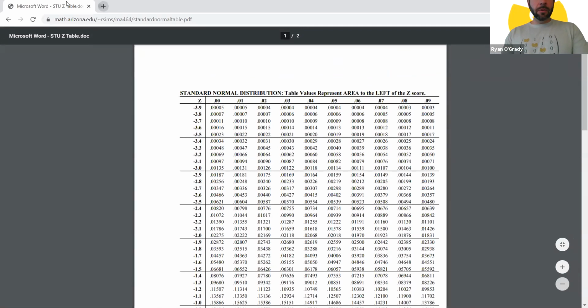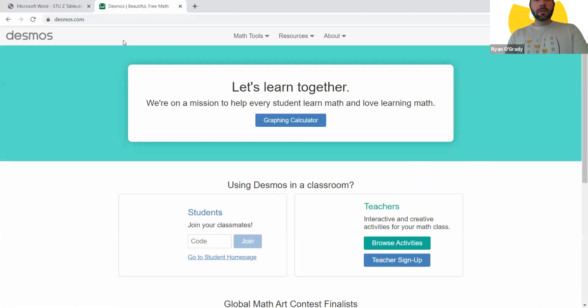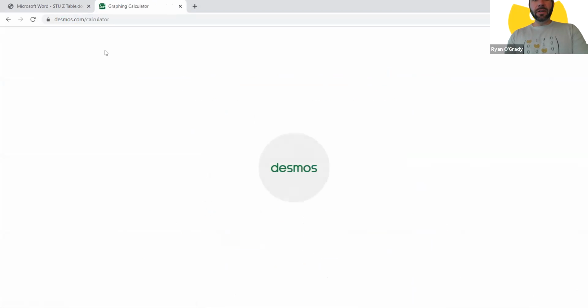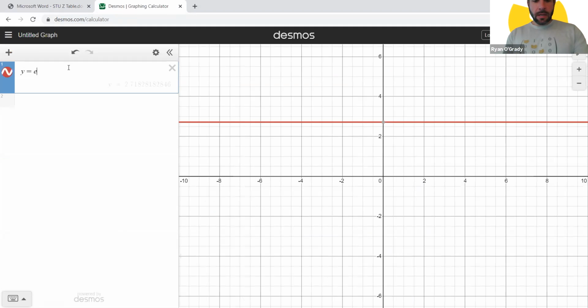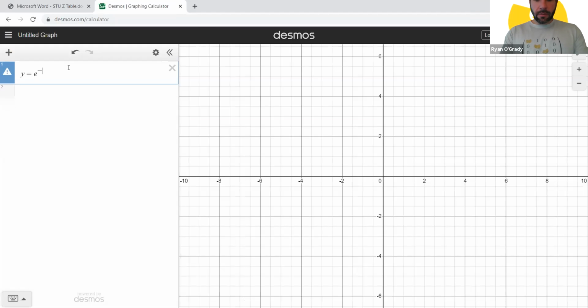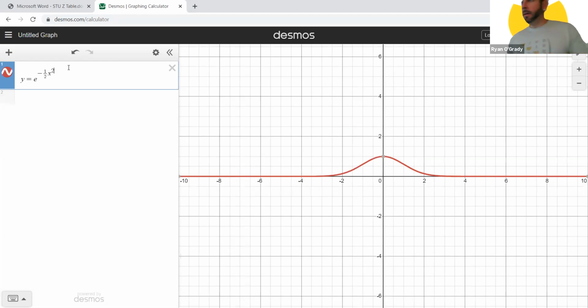Let's go to Desmos. Let's look at the graph. Remember what this is. So it's a scary creature, is it not? What was the graph? It was y equals. Does anybody remember what it was? We know there's an e raised to something. It's negative 1/2, we think, x squared. But remember, there were some constants out there.